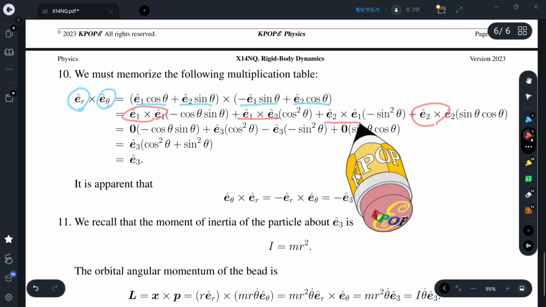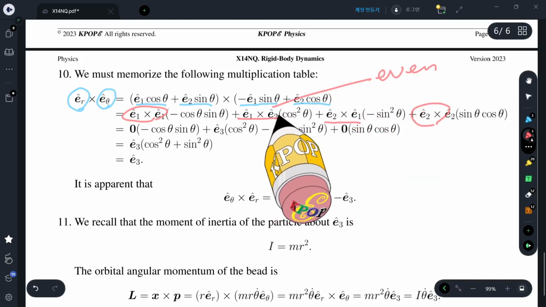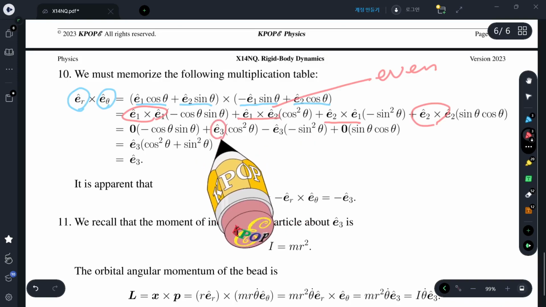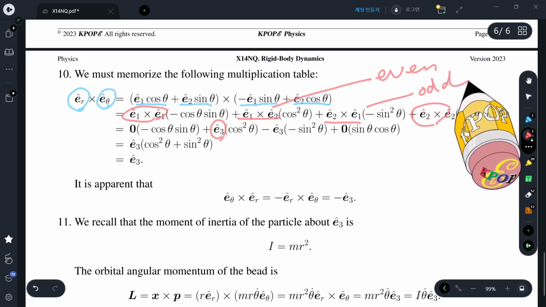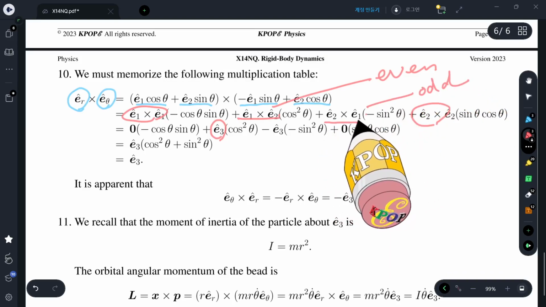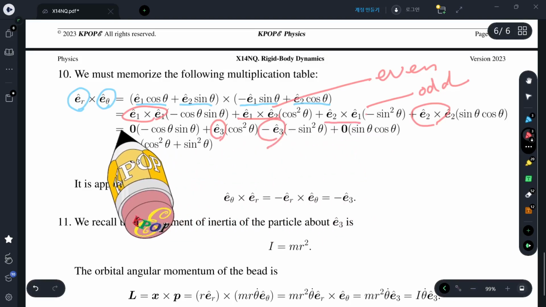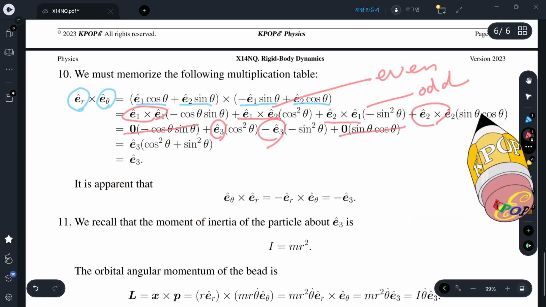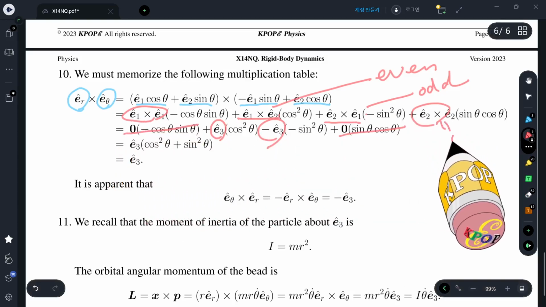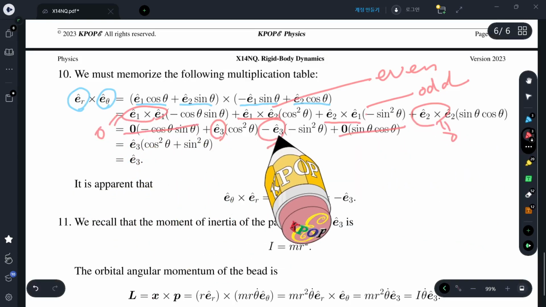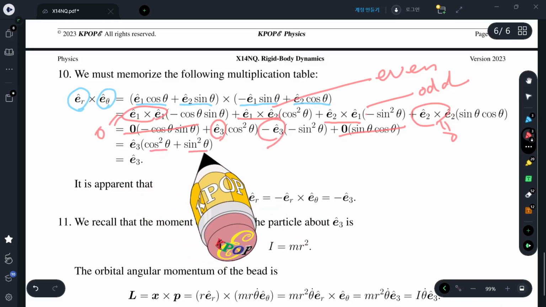Different, let's see, 1, 2 is an even permutation, so the answer is E3. 2, 1 is an odd permutation. Therefore, E2 cross E1 equals minus E3. Therefore, making use of the fact that same thing disappears, we obtain E3 times cosine squared plus sine squared.